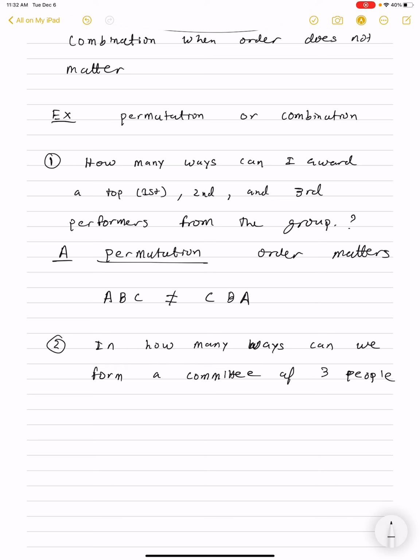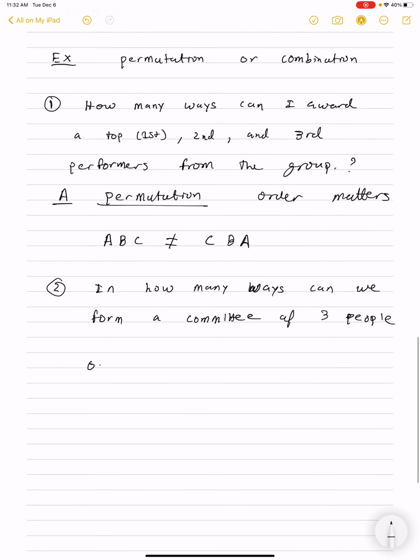Here, order does not matter because A, B, C is the same as C, B, A. You're on the committee and it's the same group of people, no matter in what order they're selected.